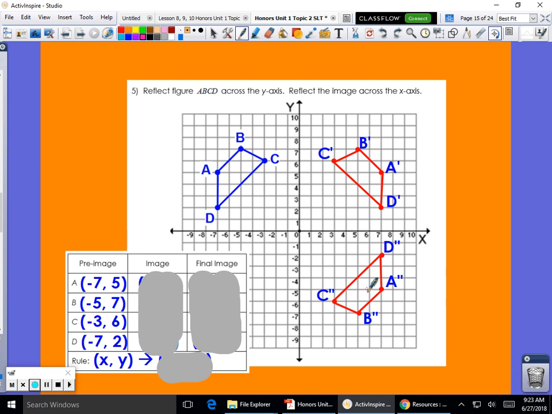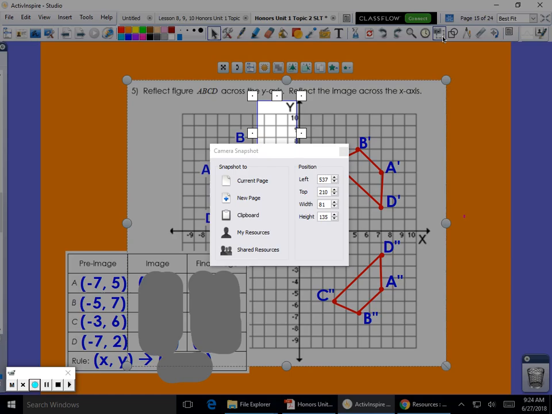Let's see if I can set this up. Oh, there it is. Okay. Take a picture.